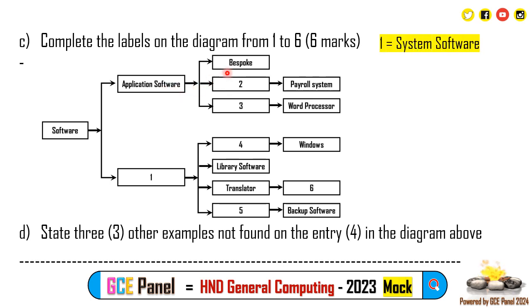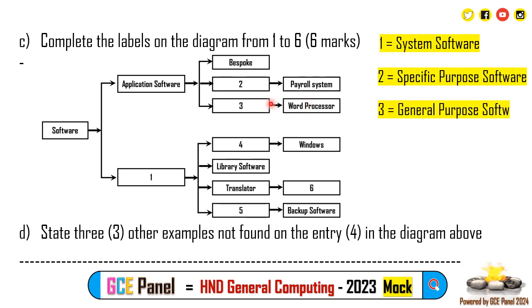Now, application software can be classified into bespoke and specific purpose software. An example of specific purpose software is a payroll system. And which software has an example as word processor? That will be general purpose software. So we have bespoke, specific purpose software, and general purpose software.